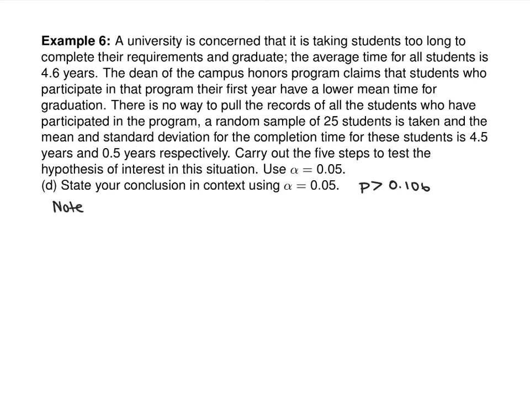So we note that p is bigger than 0.05, so you fail to reject H naught. And stating that in context, the proper way to say that is that there's insufficient evidence to conclude that H naught is false. And we'll write that in words.